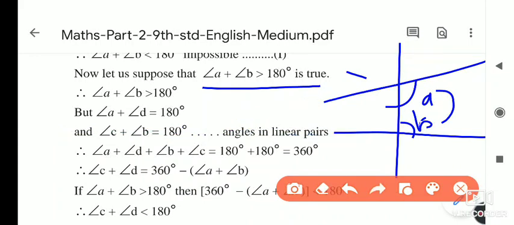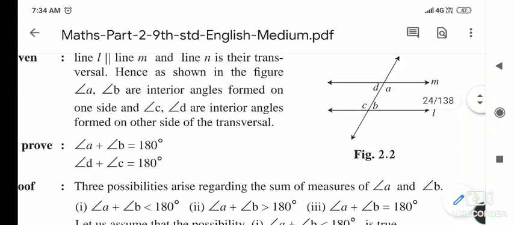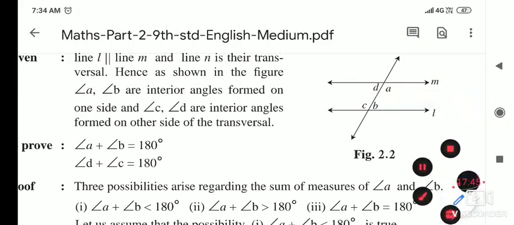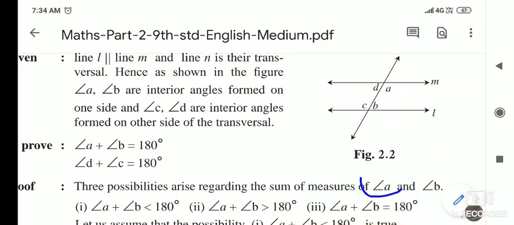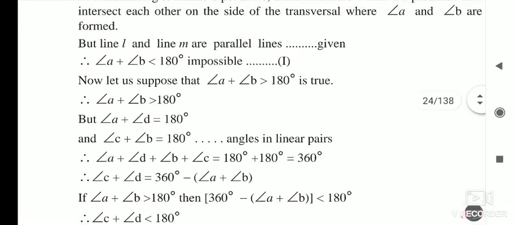See here, A plus B is greater than 180. As you know, A plus D is equal to 180 because they are in a linear pair.